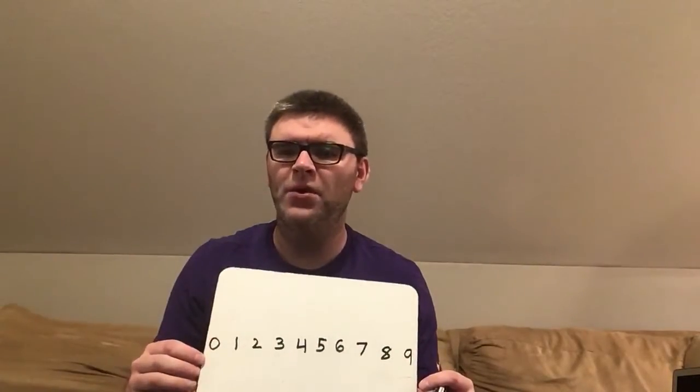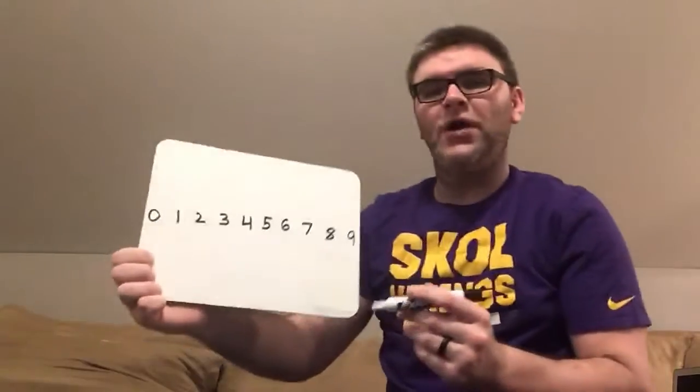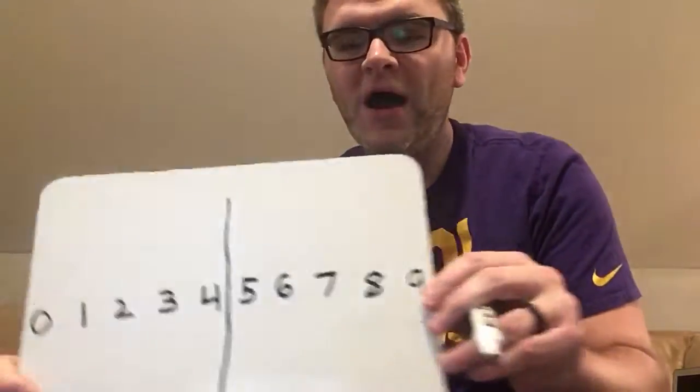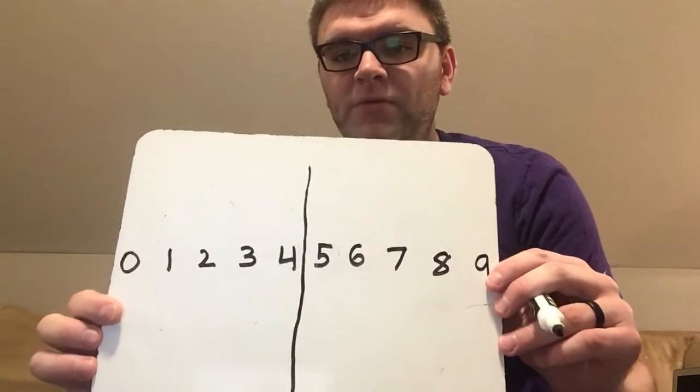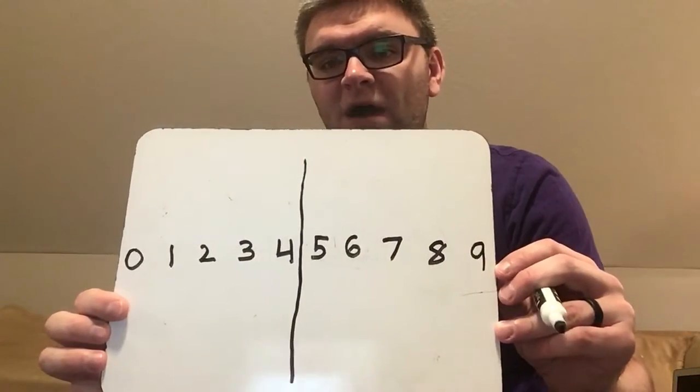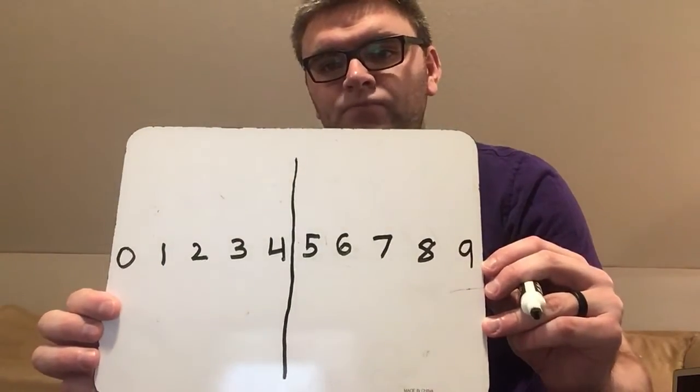When I say 2, I'm on 1, because that's my second number. So our middle spot, and we talked about this the other week when we talked about median, our middle is right here. So if I drew a line right down here, I've got 5 numbers on the left side, and I've got 5 numbers on the right side.